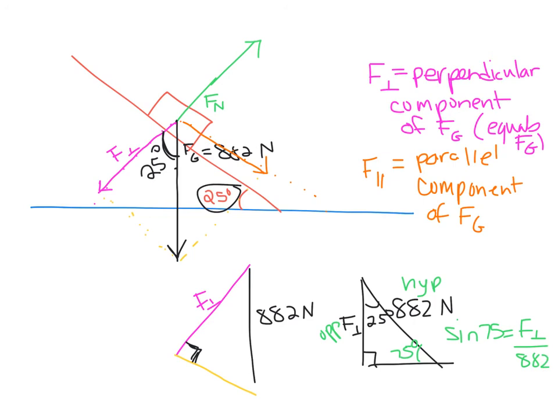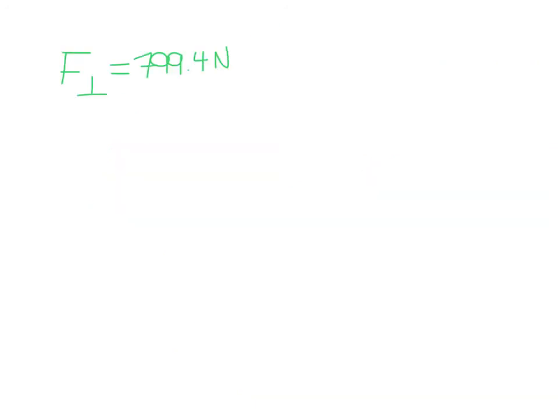And that gives me that my F perpendicular is equal to about 799.4 newtons. So once I know that force, I now actually am able to find my normal force. It's equal to that.